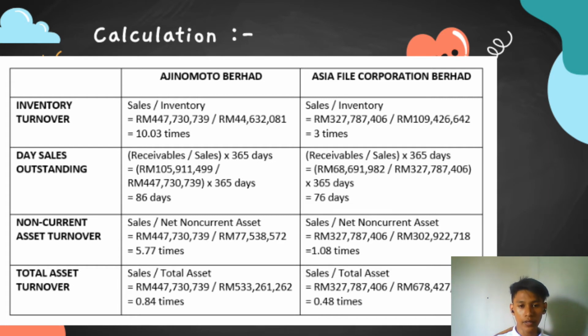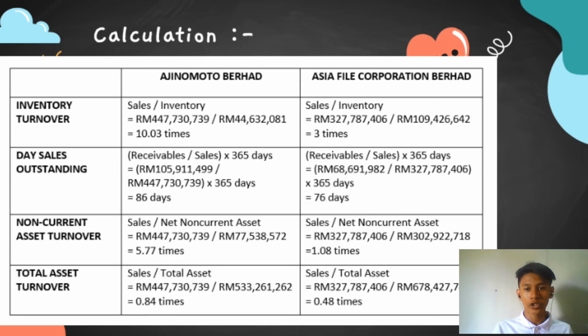And the last one is total asset turnover: sales divided by total asset. Total asset turnover measures the efficiency of a company's assets in generating sales revenue. So Asia File Corporation Berhad is better than Ajinomoto Berhad.